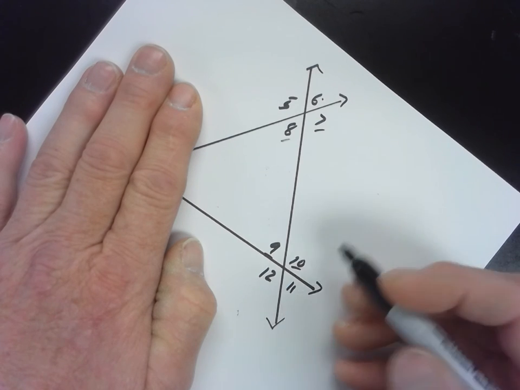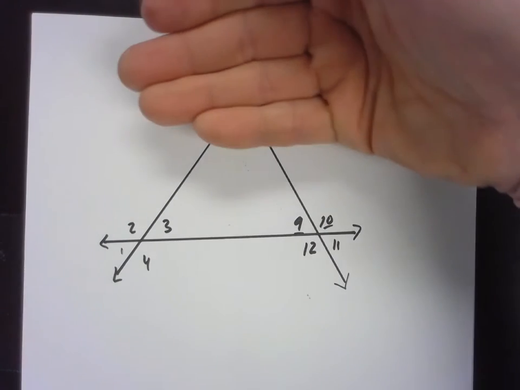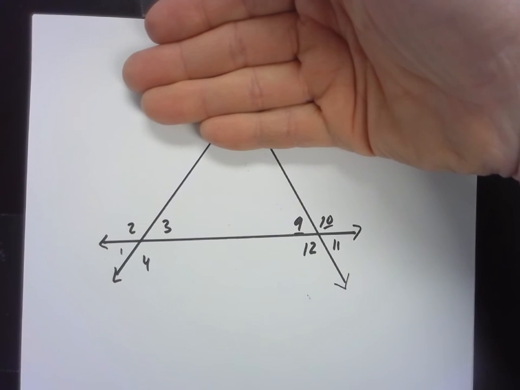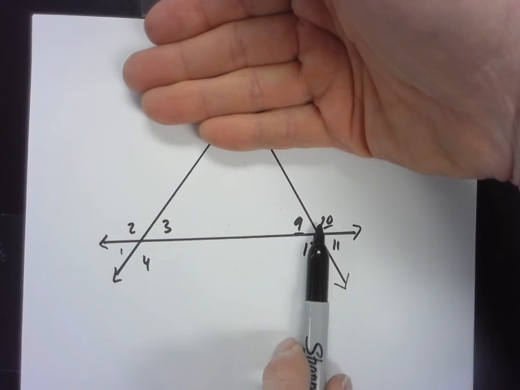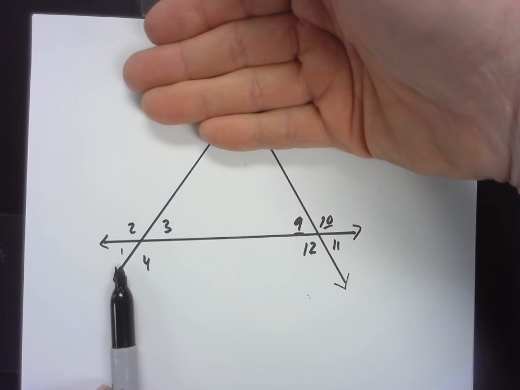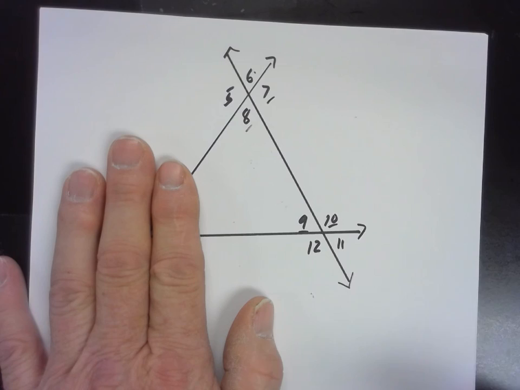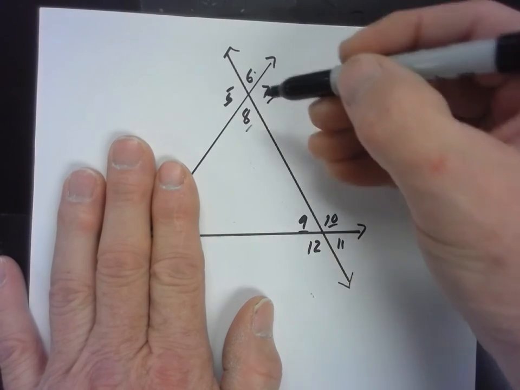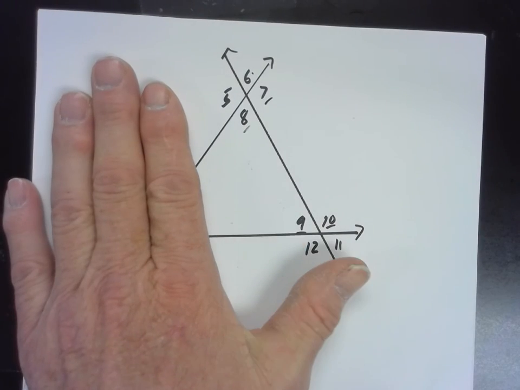Now 10's a little weird. Look, if you look at it this way, now 10 is exterior angle, isn't it? So on this transversal, 10 and 11, 2 and 1 are exterior angles, aren't they? But if you look at it over here, now 10's on the interior of the intersection, isn't it? A little bit weird. You got that? So see why I'm covering one side up and ignoring that part?